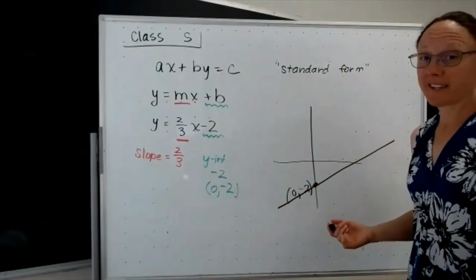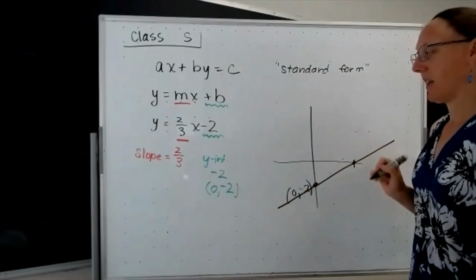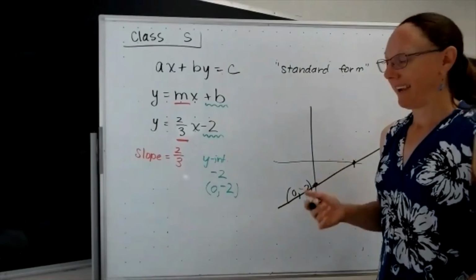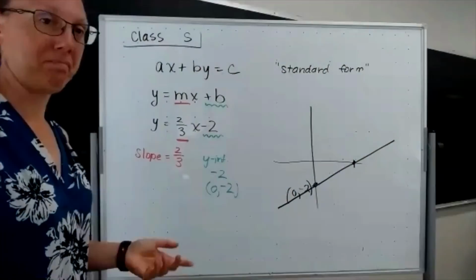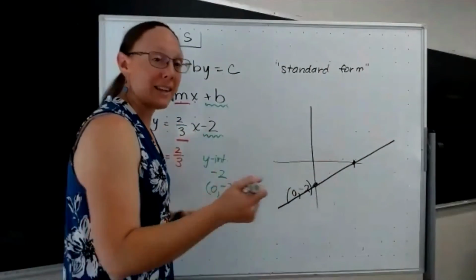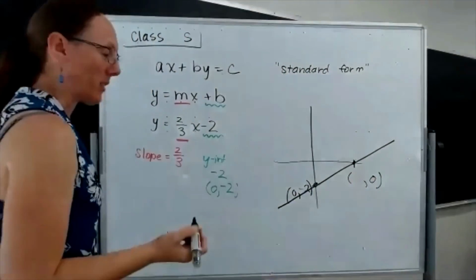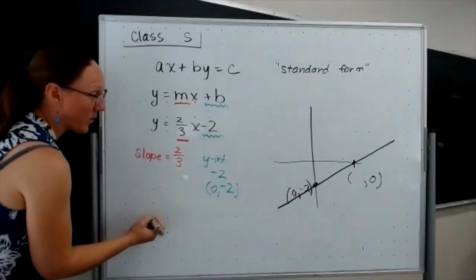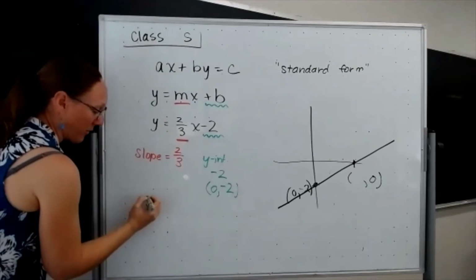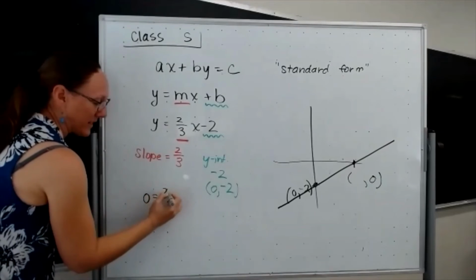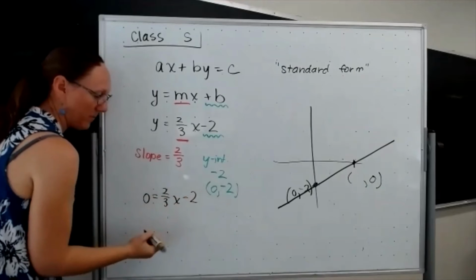Now, if I wanted to label another point on my graph, I would probably choose to label the x-intercept, again because I like to plug in 0 whenever I can. I know that on my x-intercept, the y value is going to be 0. So if I plug in 0 for y, I have 0 equals 2/3 x minus 2.